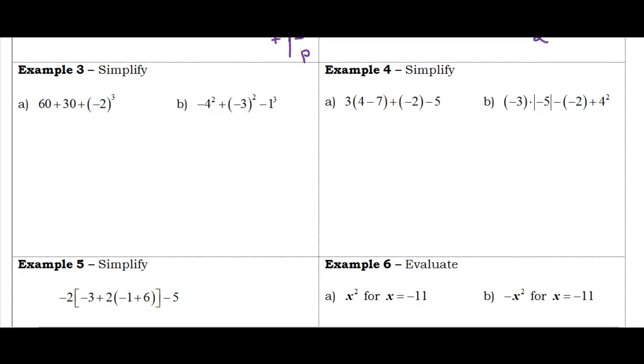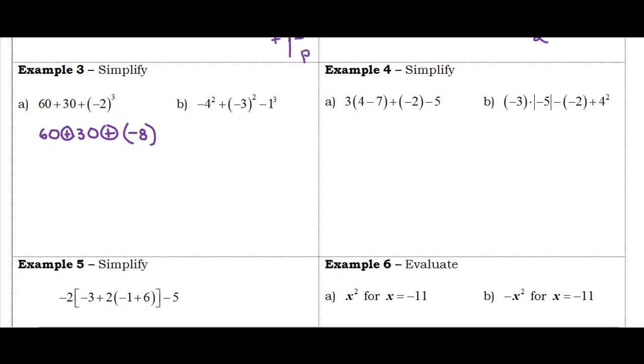Okay, let me do example 3A. 60 waits its turn. 30 waits its turn because I'm supposed to do the exponent first, right? And what's -2 times -2 times -2? -8. Now, technically speaking, if we have addition and addition, one is not better than the other, so we can't have a rule, we go left to right.